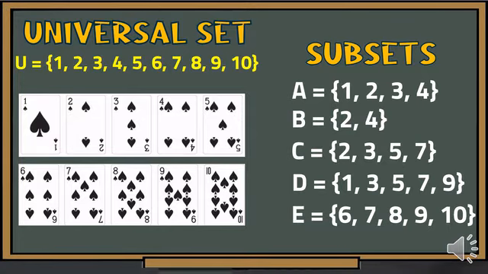For example, set A has elements 1, 2, 3, 4, which can also be found in the universal set. Set B has elements 2 and 4, which can be seen in the universal set. Same with C, D, and E. All elements are found in the universal set. Do you understand? Okay, very good.